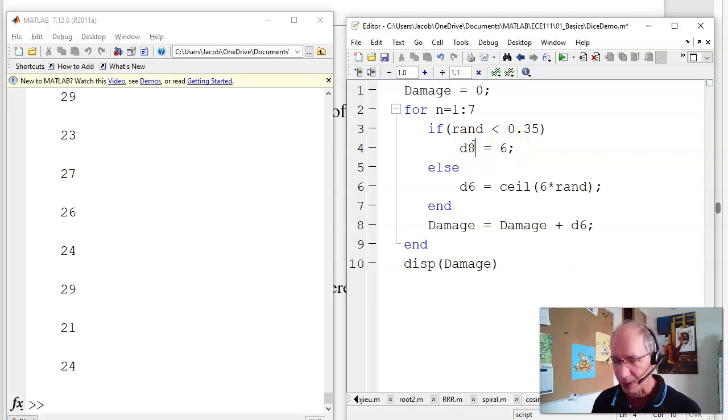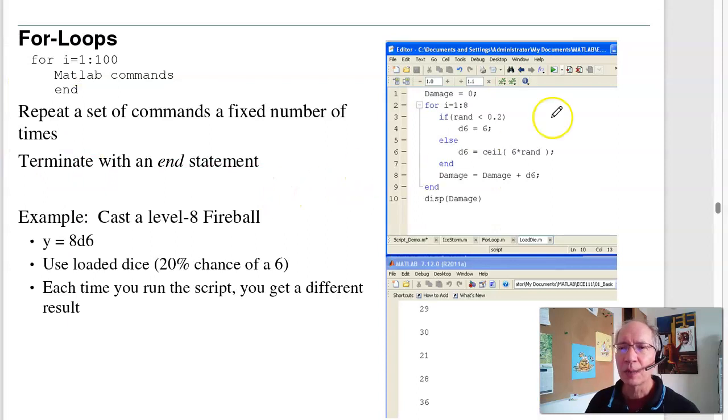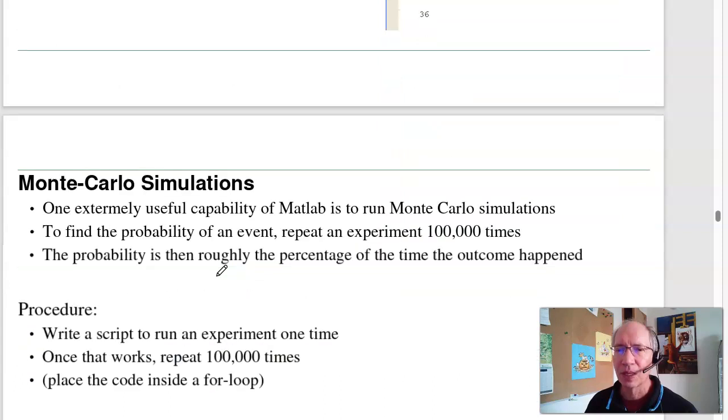So let's make this a D8. Change all those. And this is, let's do 6 D8. This is a flame strike. 6 8-sided dice. They're loaded. So that's kind of what scripts are nice for. It's really easy changing your code once you get it written.